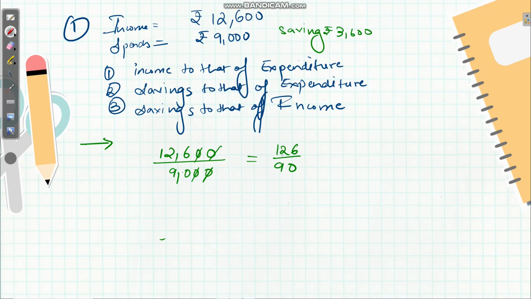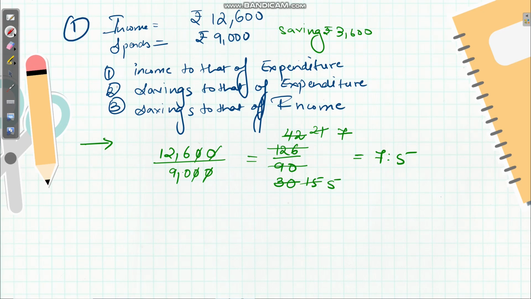Is there any number which can divide both of them? If you notice, 1 plus 2 is 3, 3 plus 6 is 9, so this number is divisible by 3. So 42 and this is 30. Can I divide this number by 2? Yes. So 21 and 15. Can I divide 21 and 15 by 3? Yes. 7 and 5. So I'll get the answer as 7 is to 5.